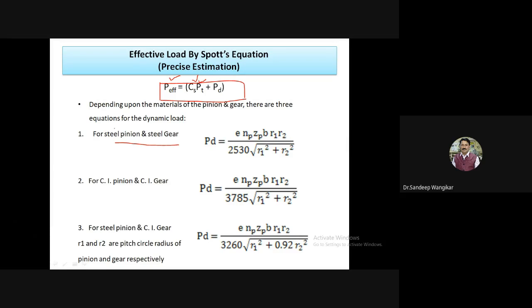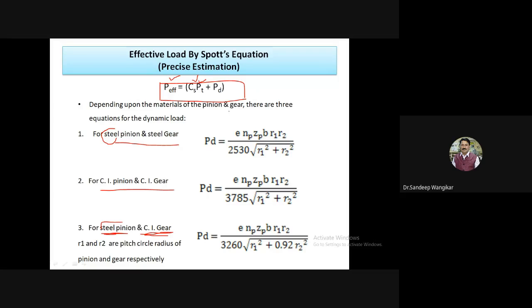Then second category, when both are made up of cast iron material. And third category is when the pinion is made up of steel material and the gear is made up of cast iron material. So for these three categories, the formulas are different. In the discussion time also, please take down this formula.